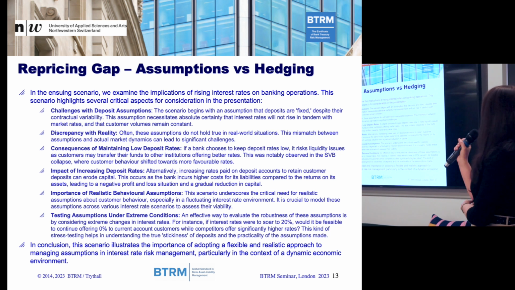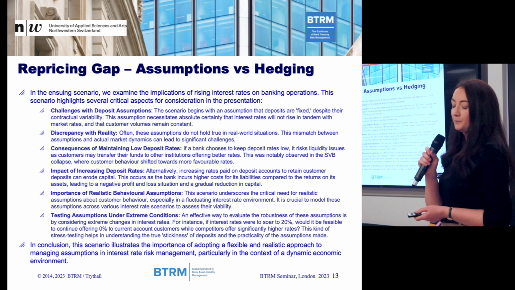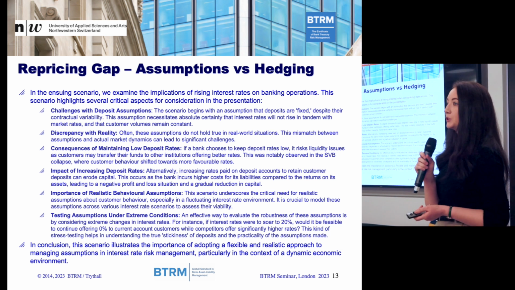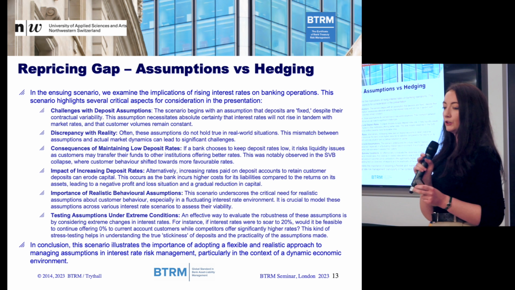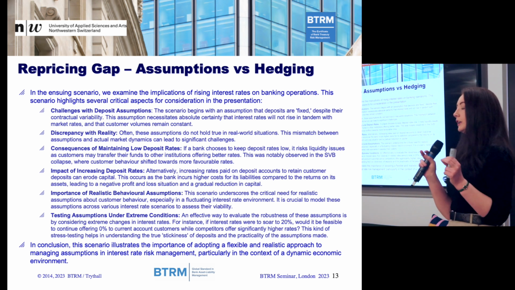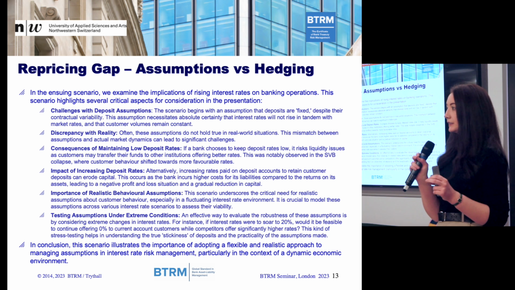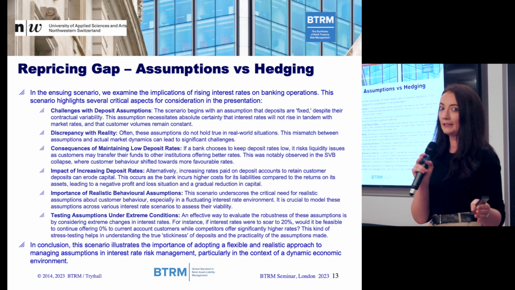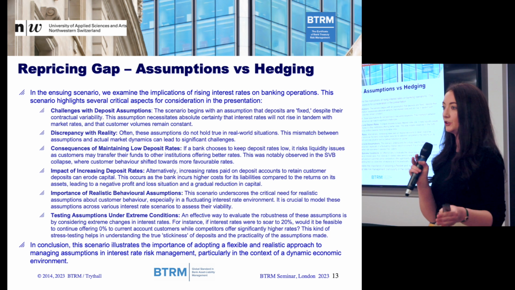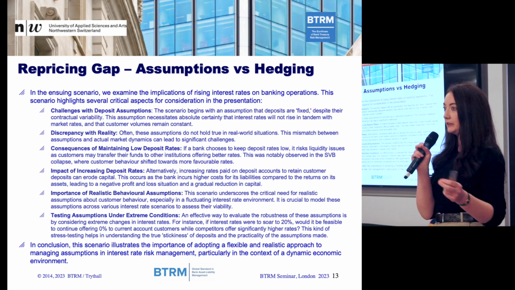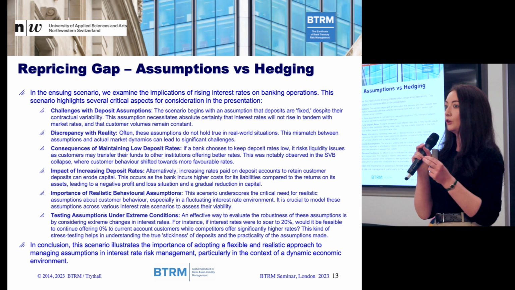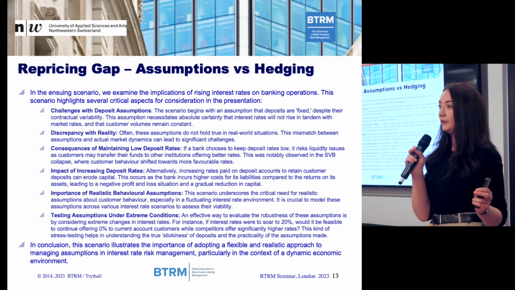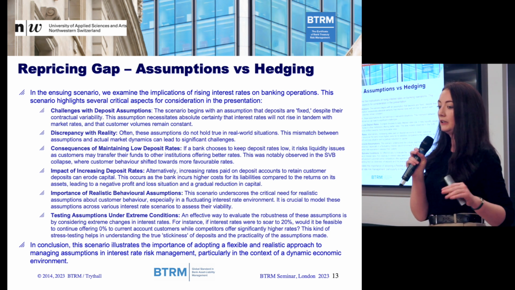So often there are consequences of maintaining low deposit rates. With the current account assumption, basically you're saying that you're 100% sure that your current accounts are going to stay fixed for a certain period of time. So if you're using that against 5-year assets, you have to be 100% sure that those current accounts are going to stay at 0% and that they're also not going to leave the bank if interest rates go up significantly.